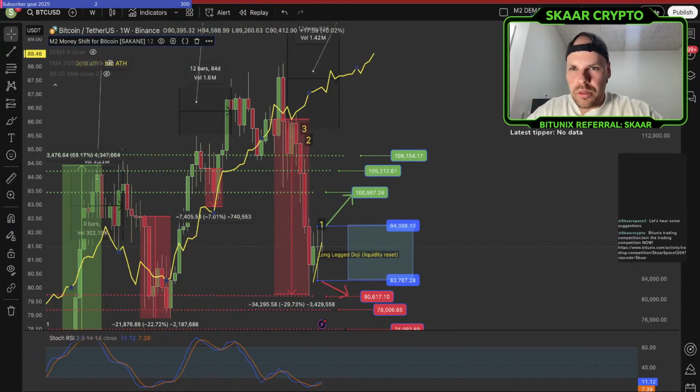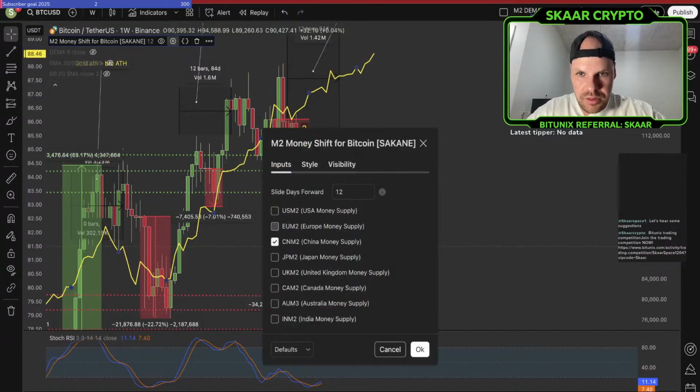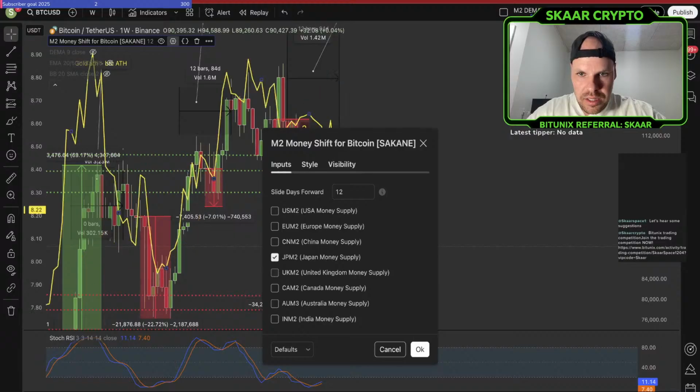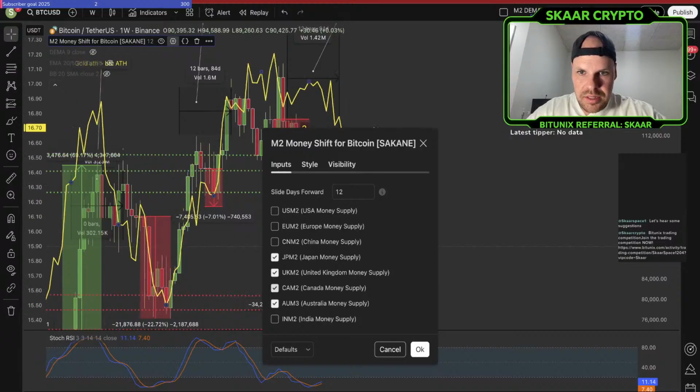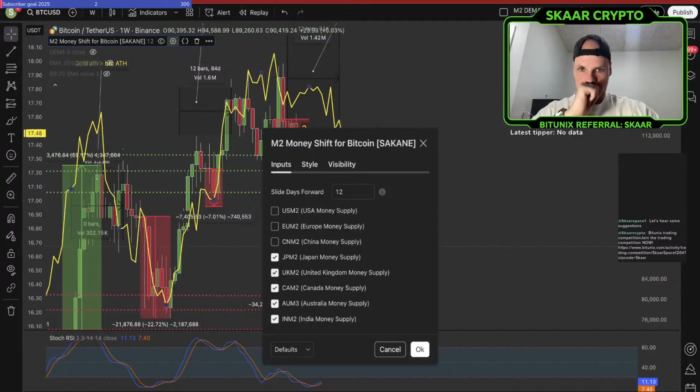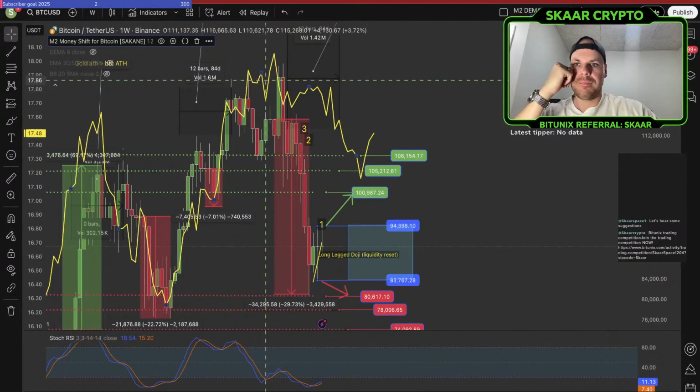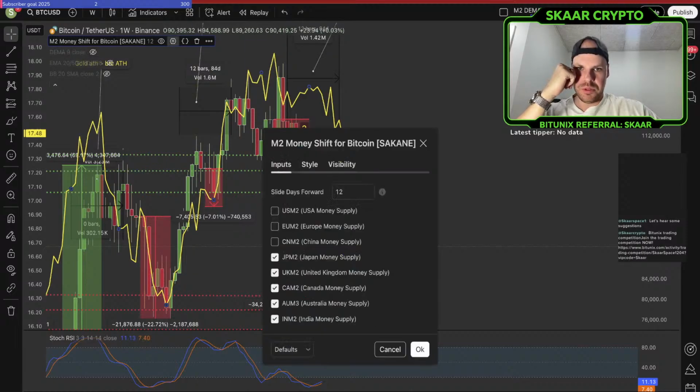And a lot of people don't know this because they're like, oh, M2 doesn't work, but it does. There's an explanation to it. We take Japan, UK, Canada we can include, Australia as well. It's not the biggest change, but then India as well. And for some reason, we have a very direct correlation, because we don't need a 12-week offset. We just take 0 weeks.